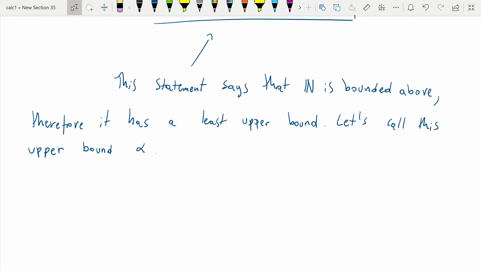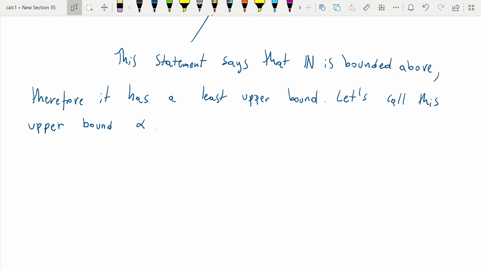Here we choose epsilon equal 1, so that's a natural number. And then we're going to be able to find a natural number that is bigger than that.